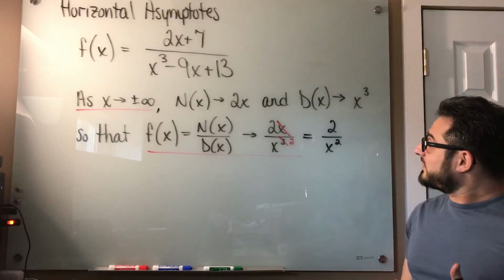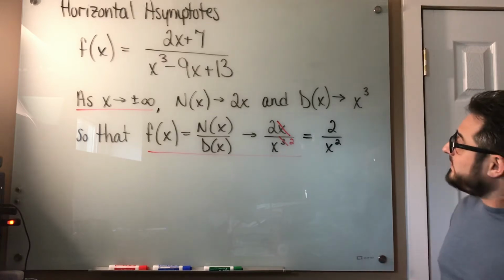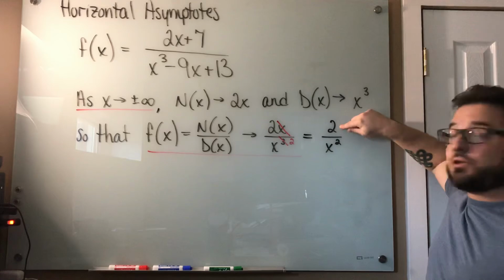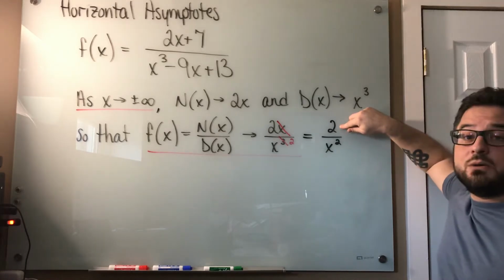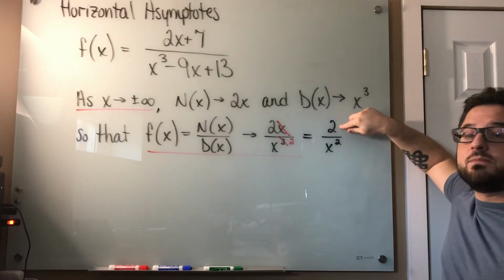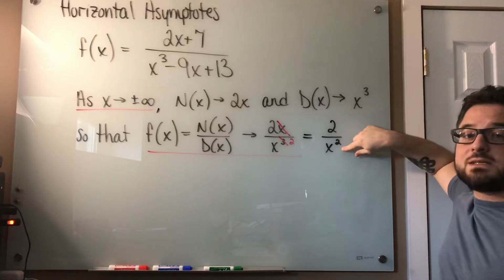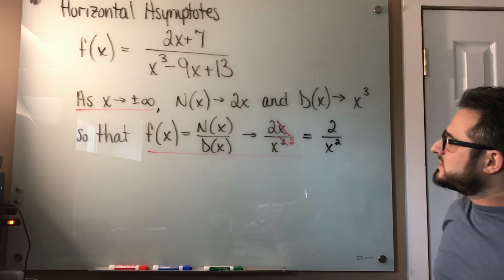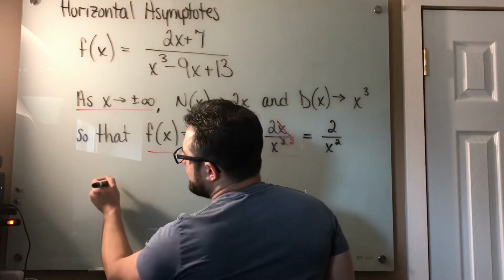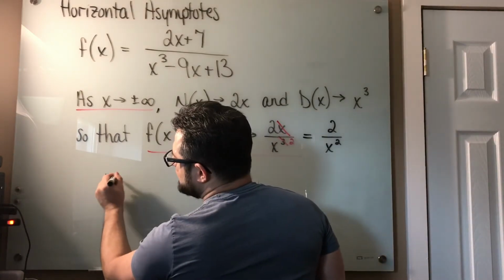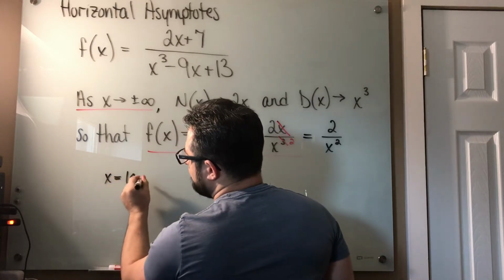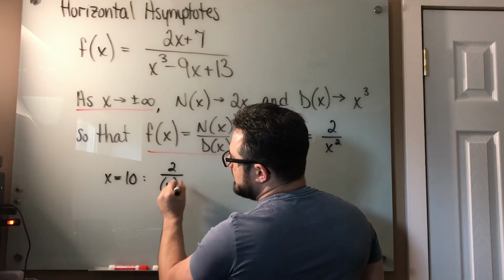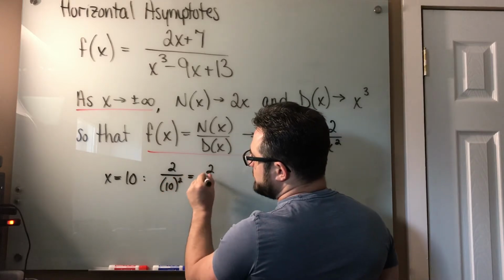Here's the fun part. Now that we've simplified it like that, the bigger x gets, 2 remains 2, and it will always be 2. But the denominator is x squared, and that's going to keep getting bigger and bigger. For example, when x is 10, ten squared is 100, and we get 2 over 100.